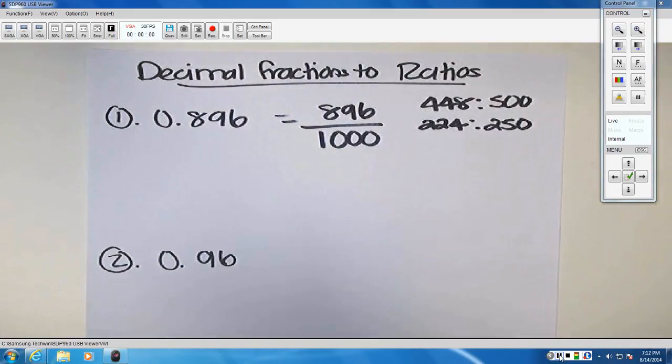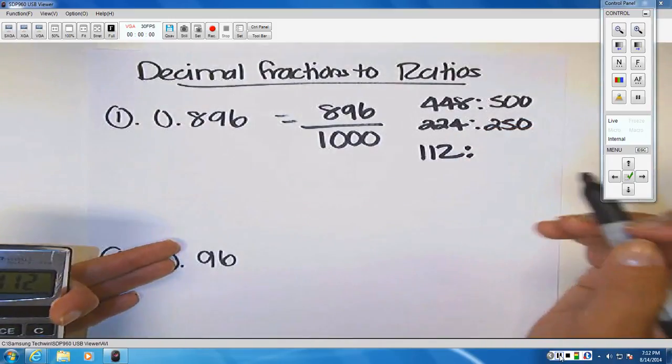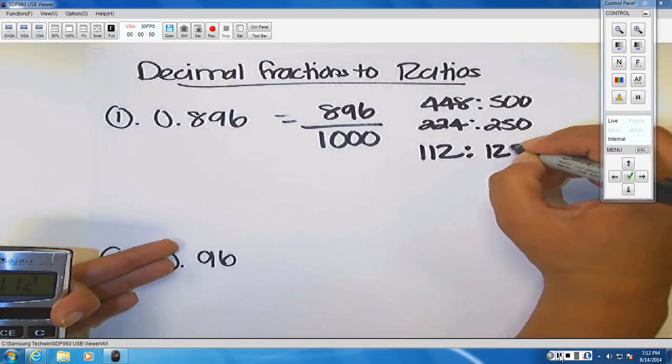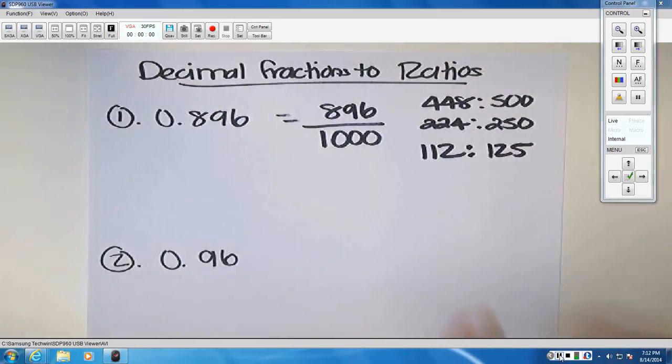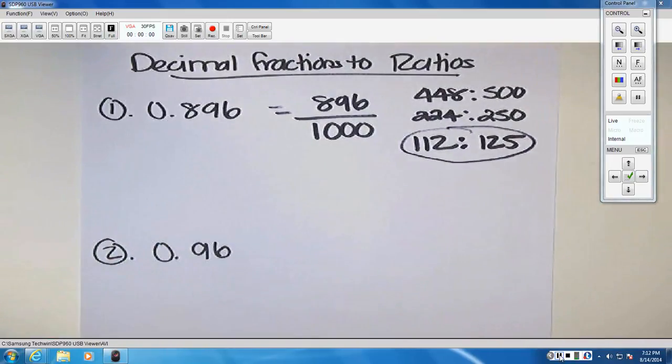Okay, and then again, I can look at that ratio and say, gosh, I still haven't divided all the way down. 2 can still go into both of those numbers. So I know that 224 divided by 2 is 112. And I know that 2 will divide into 250 125 times. And now I'm finally in my lowest. I can't divide that any further.